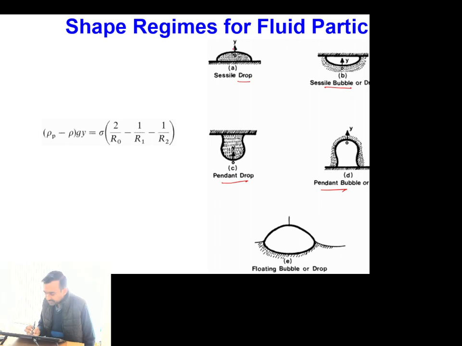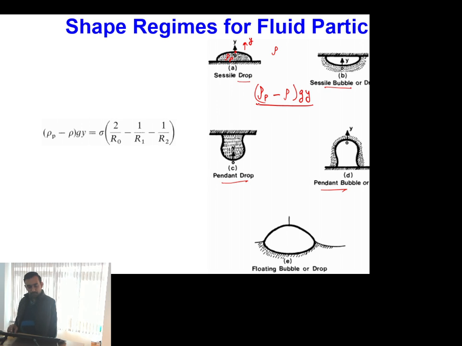Okay, now if this is my origin point and this particular direction is positive y, then I can say that the density of this drop is rho_p and the density of the surrounding fluid is rho. Okay, so depending upon the change in height in the vertical direction, my change of hydrostatic pressure will be (rho_p minus rho) into g into y. Is this point clear? All are clear with this point?